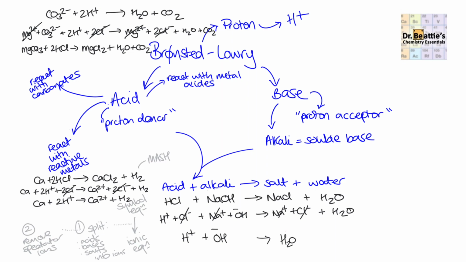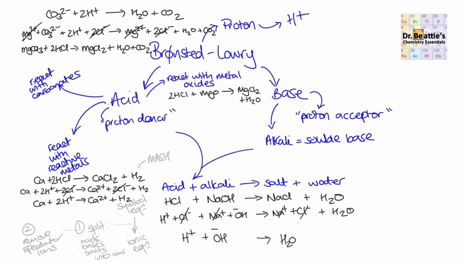Now the other thing acids react with that you need to be aware of is metal oxides. Here is an example of 2 moles of hydrochloric acid reacting with magnesium oxide. It forms salt and water. So very similar, as you can see, to an acid reacting with an alkali, and that's because metal oxides are just bases. So they follow the same pattern of bringing the products of salt and water together.